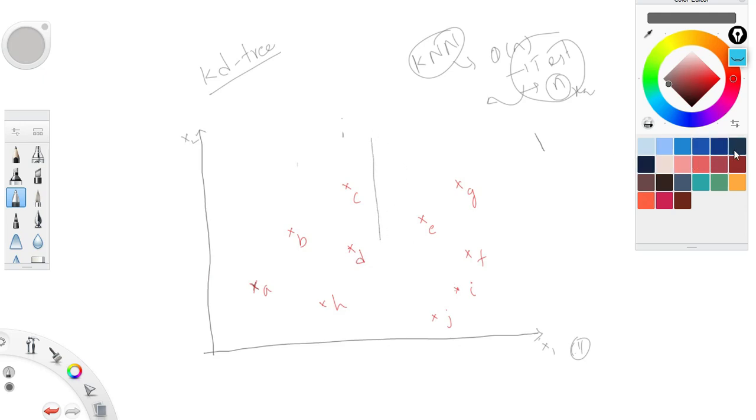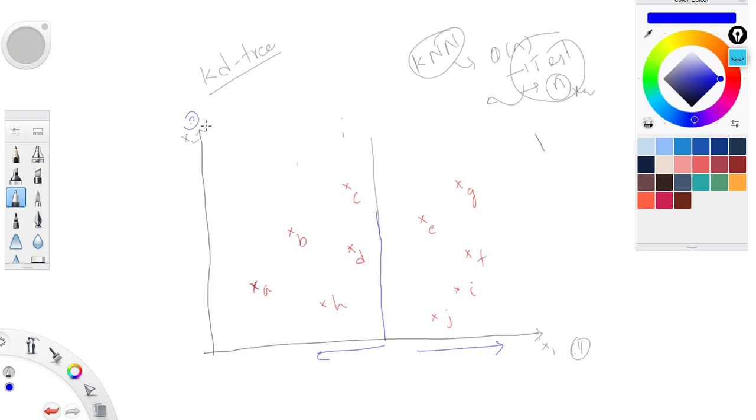I will use another color, green is better. That means the value is less than this value, and greater than this value. Next we will split based on another axis.